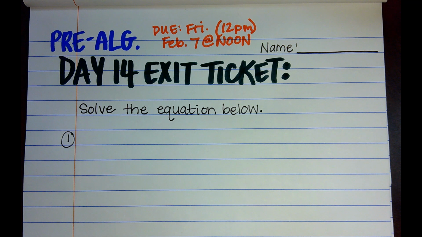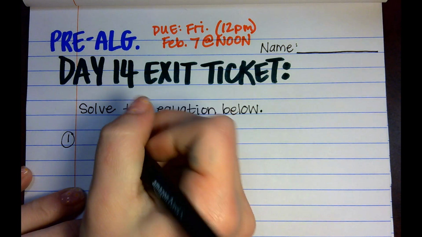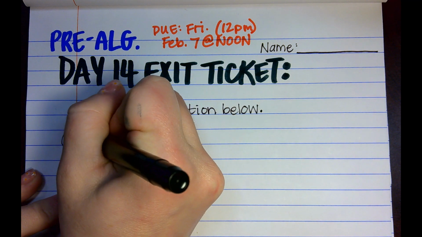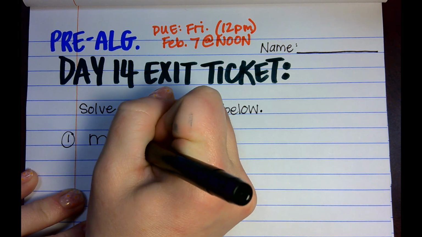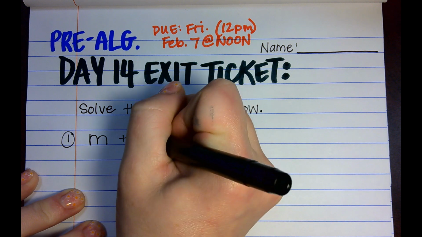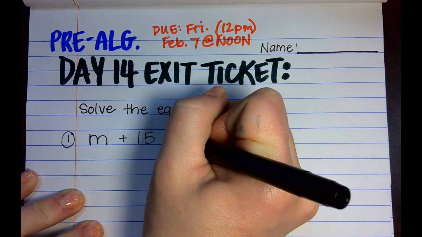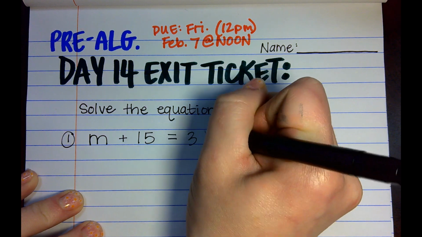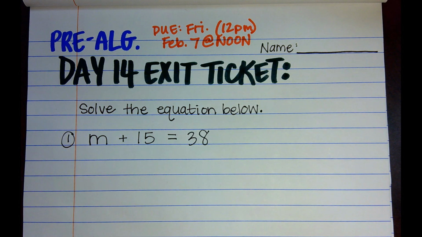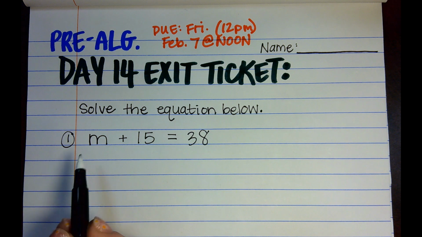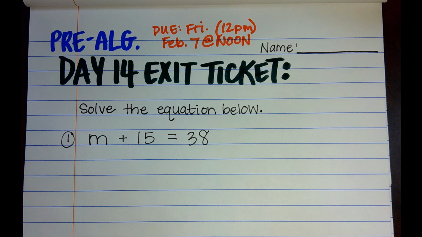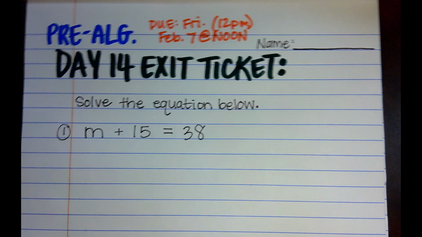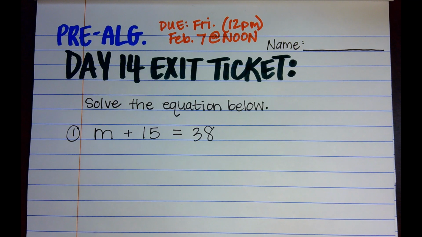I want you to solve n plus 15 equals 38. And I want you to tell me n equals what? Solve it for me. That is it. Just one today, okay? So once you finish that, you are free to go.